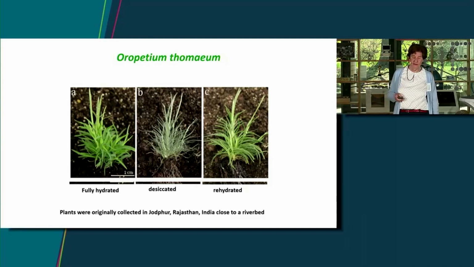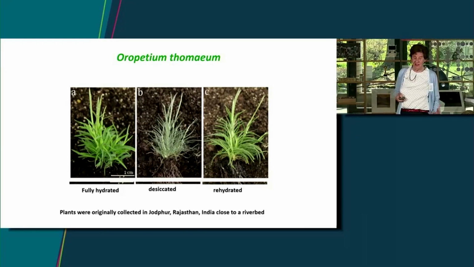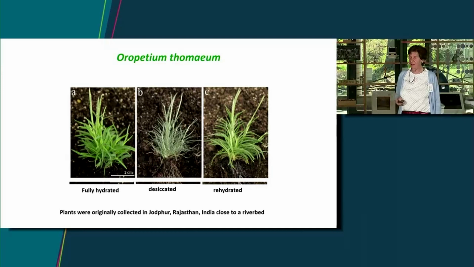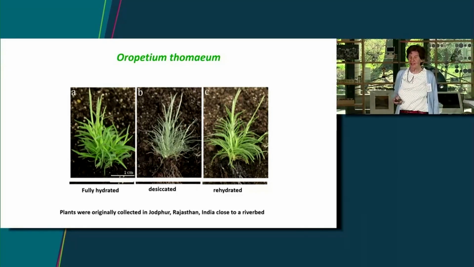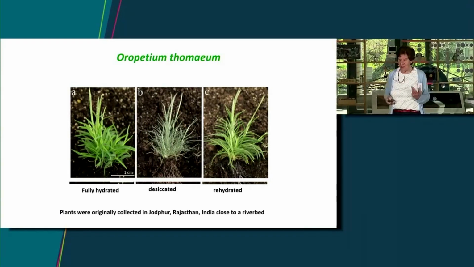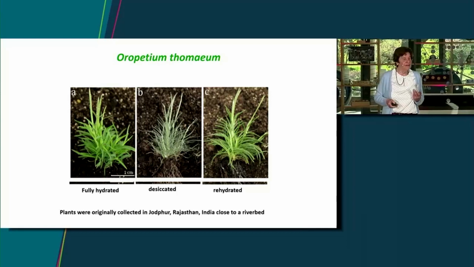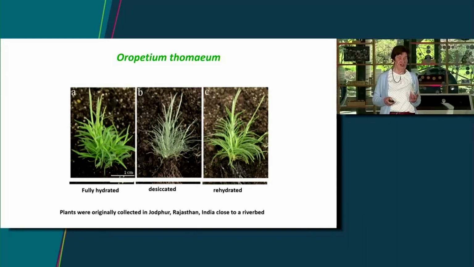Again, you see here going from the left to the right, fully hydrated, desiccated. Here you also clearly see that it retains its chlorophyll, and then you see the recovered plant. So this plant really caught the interest of a collaborative group in the US, now in Michigan, Rob van Buren and colleagues. Why did they get interested in this?